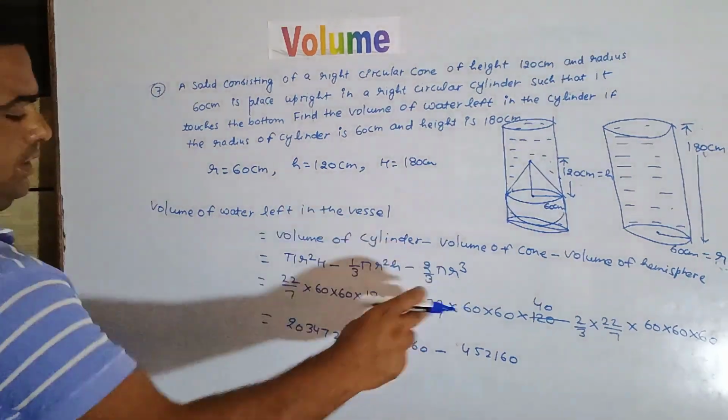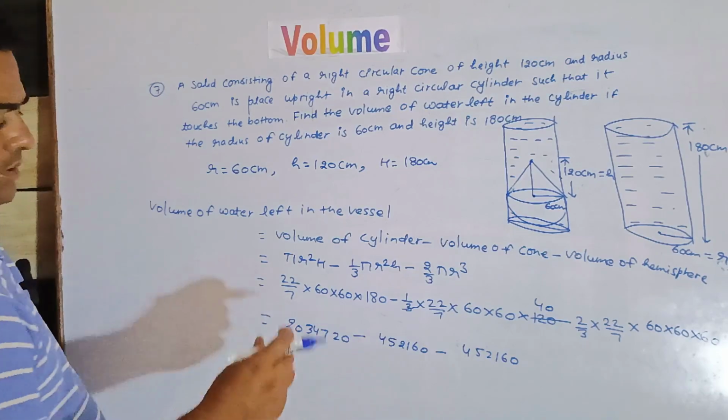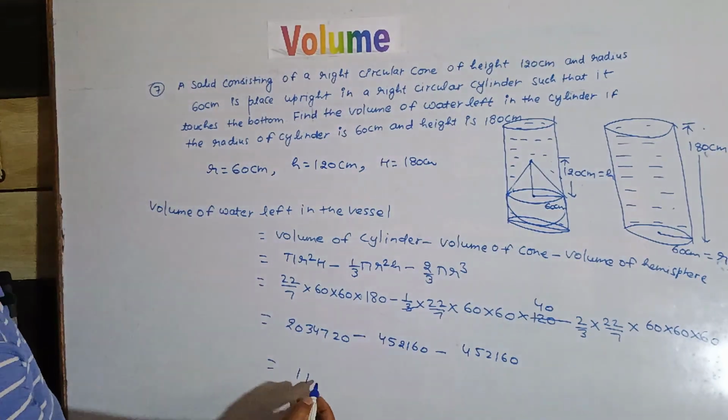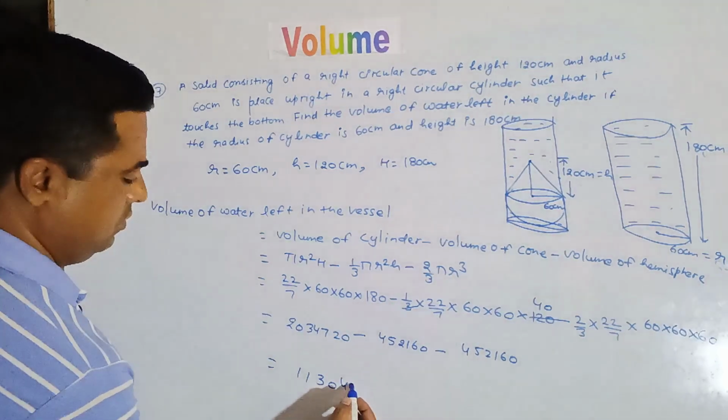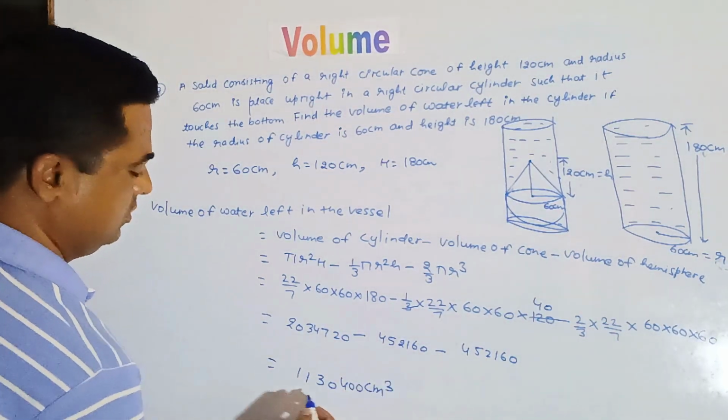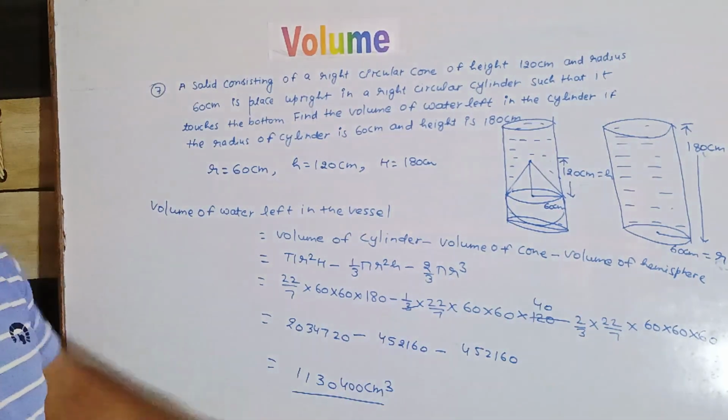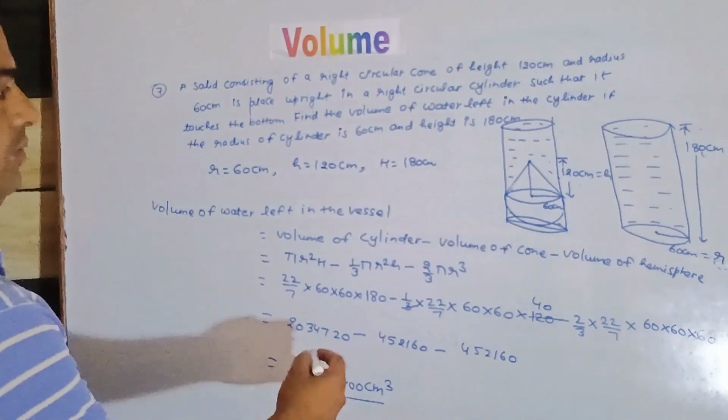Okay, after solving, we will add both the numbers and subtract from this part. We will get here 1130400 centimeter cube. So this will be the volume of water left inside the vessel. This will be our answer.